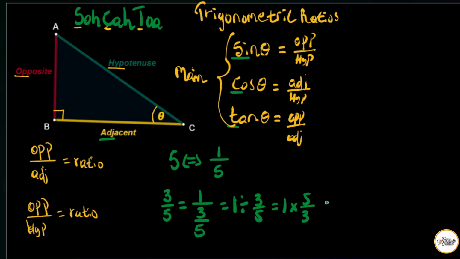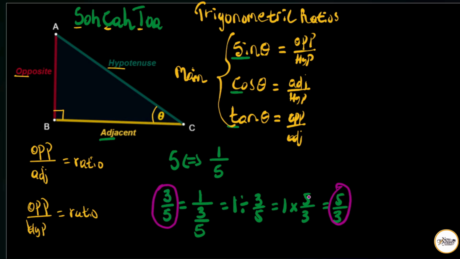Now you've got 1 multiplied by 5 over 3, which is 5 over 3, because 1 is your identity element. The aim of this whole calculation is to get the reciprocal of 3 over 5, which is now 5 over 3. So to get the reciprocal of a fraction, you just flip your fraction over.